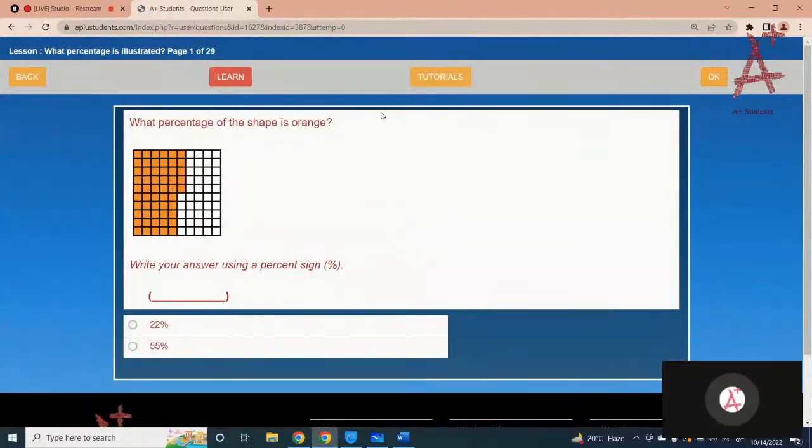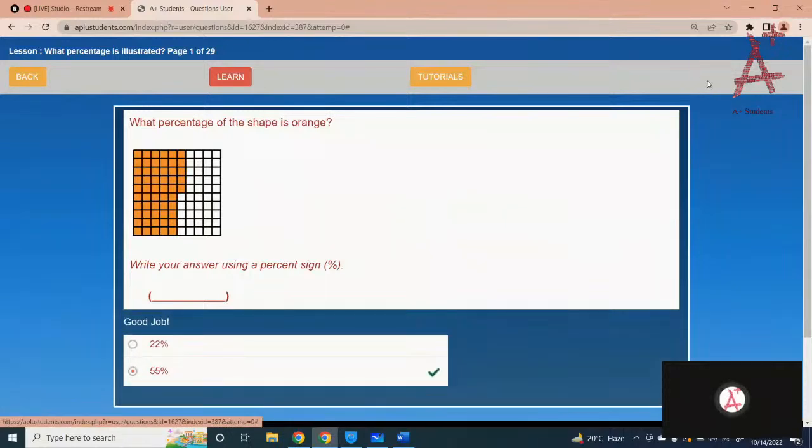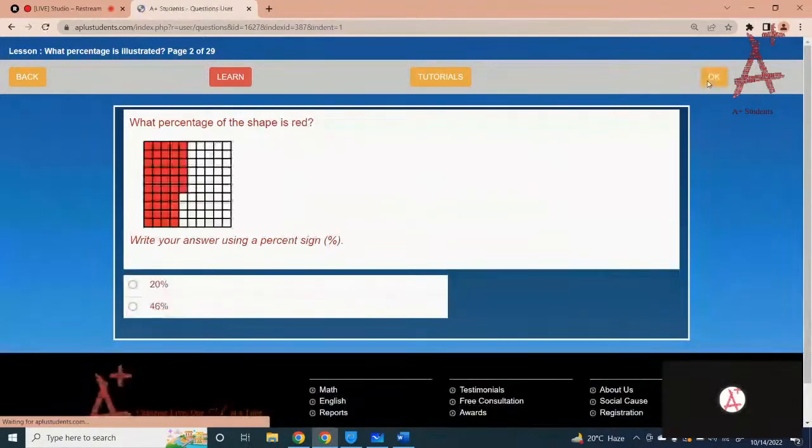So just count the rows. 1, 2, 3, 4, 5. 5 of the complete rows are colored and then 5 squares are colored. That means 55% of the shape is colored. Got it? So select the correct option and click on the OK button.